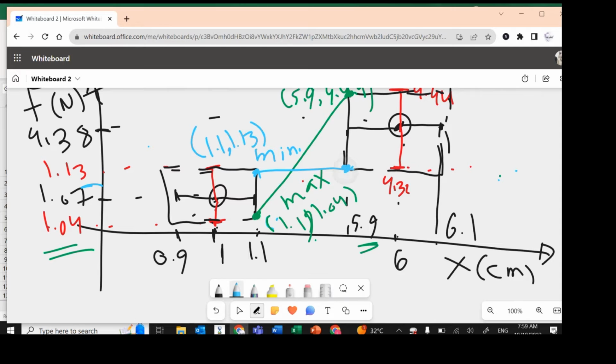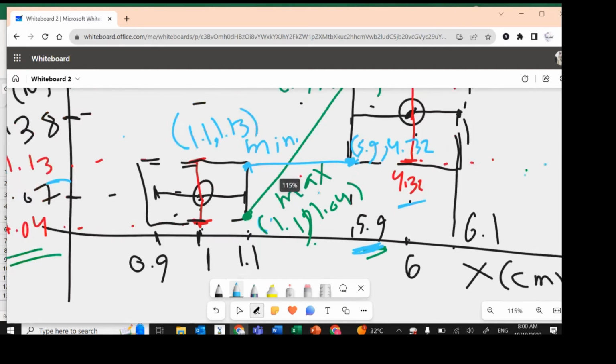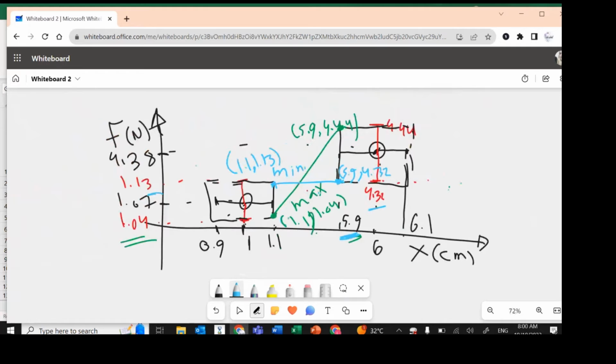And this point here, x-axis is 5.9, and y-axis, I went down, so it will be 4.32. Now to find the slope or the gradient, it's going to be delta y divided by delta x.